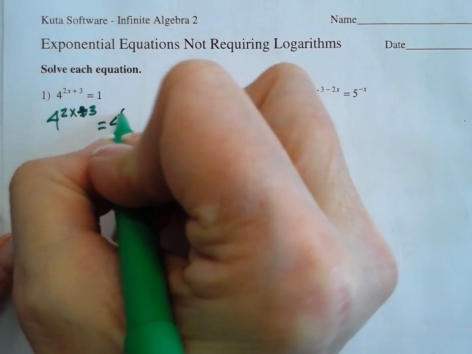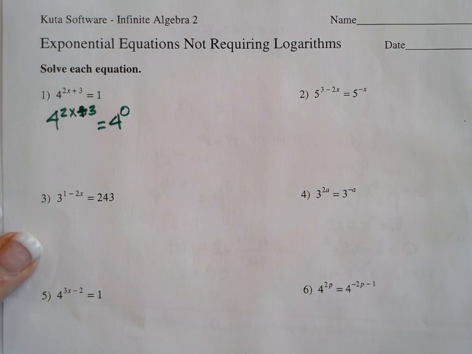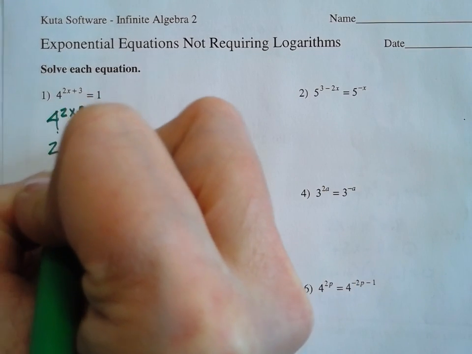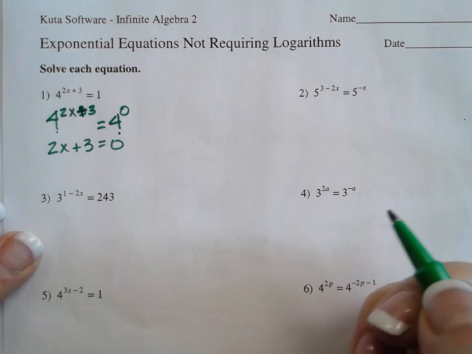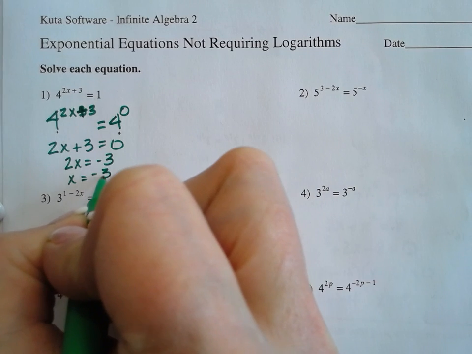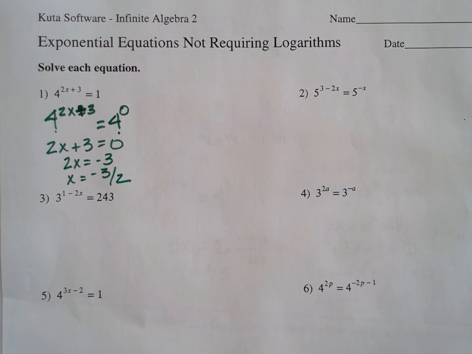Because remember, every nonzero number raised to the 0 power equals 1. Okay, now that I have the same base, I can just set them equal to each other. And then solve for x. Good? One more?